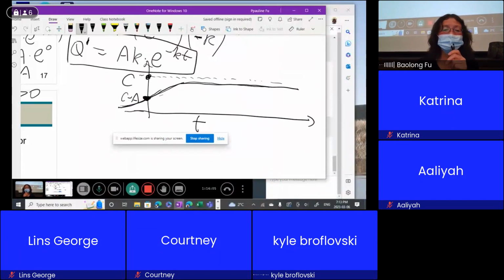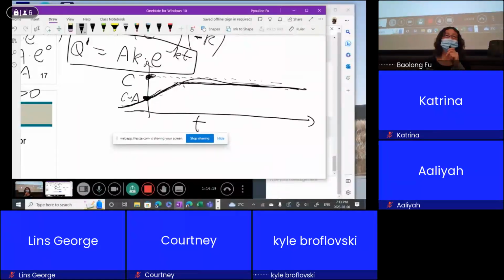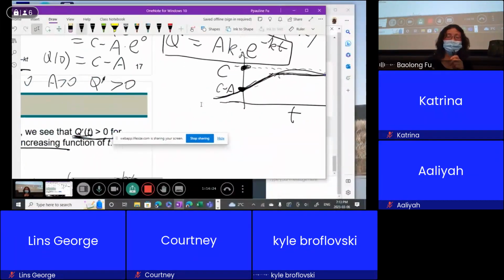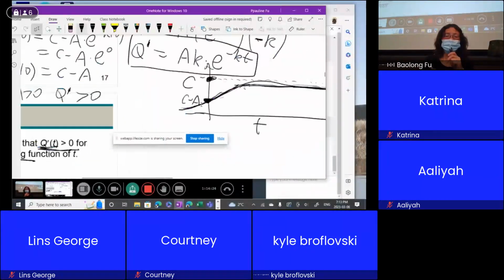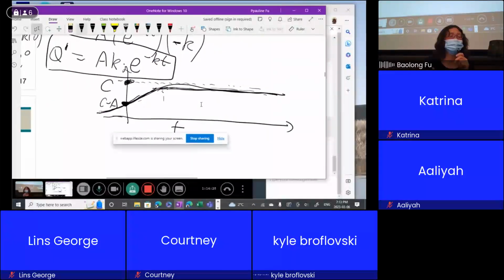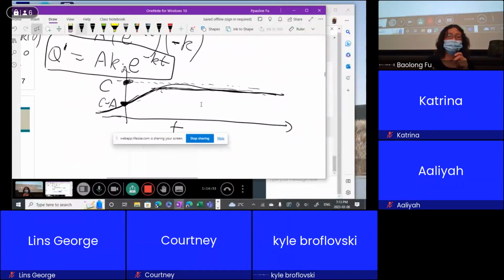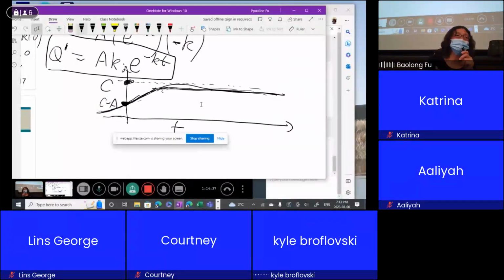So at the beginning, it increases a lot, but after a certain point, it is saturated. It does not keep increasing. It is just a constant C. See, it is flat. So this is the learning curve. Take the example of learning calculus, learning this course. It always takes a lot of time after you study a new chapter.